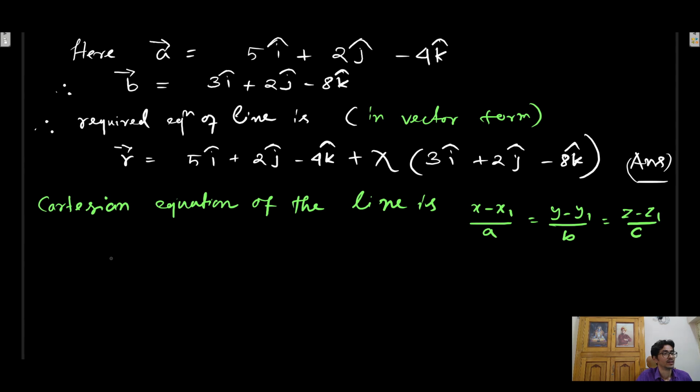So here the direction ratios of b vector are 3, 2, minus 8.